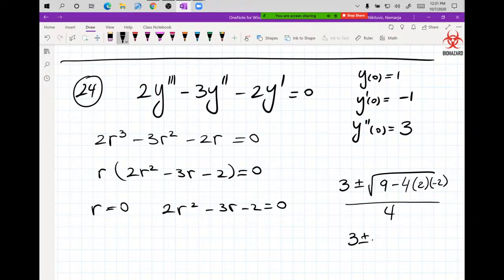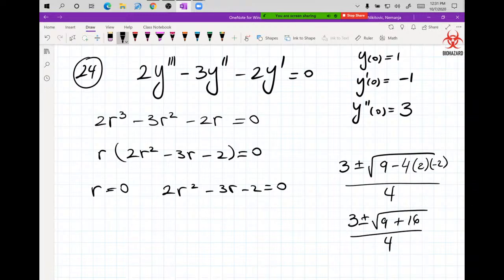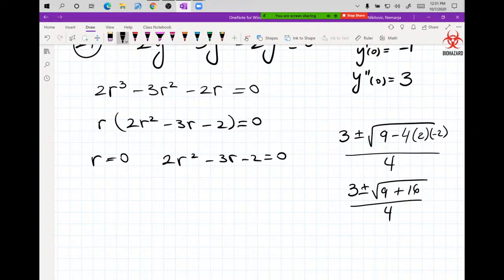So 3 plus minus square root of 9 plus 16 is going to be positive 25, and we are not having the complex. So 3 plus minus 5 divided by 4. So one answer is 3 plus 5 is 8, divided by 4 is 2. And the other answer is 3 minus 5 is negative 2, so negative half. So r equals 2 and r equals negative 1 half.